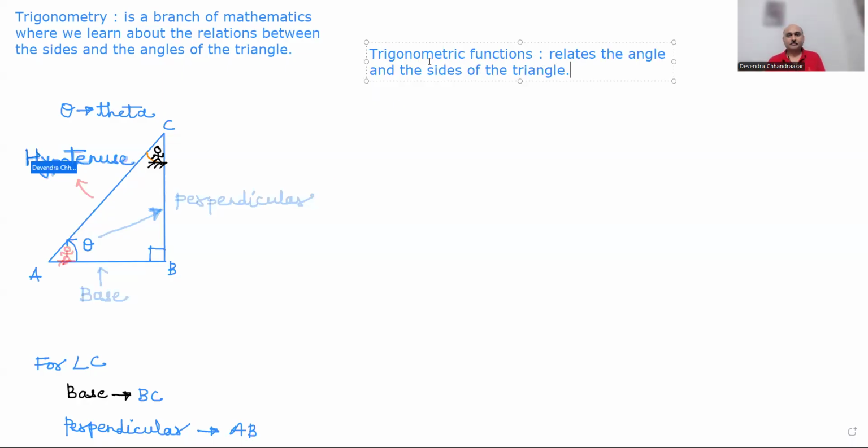So the first function is sine. SINE, sine. How will you pronounce it? In short, we write it as SIN. So don't pronounce it as sin, otherwise you will be committing one. So it's sine. Then comes cosine, cos.